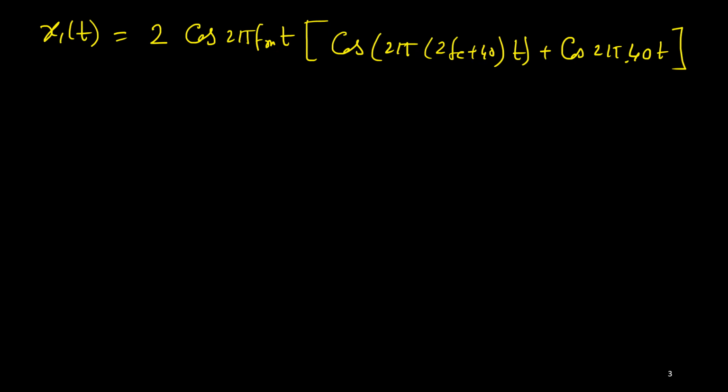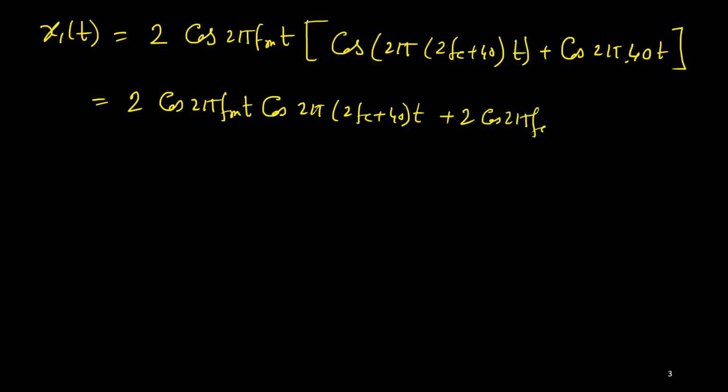Now if I expand it, you'll get cos 2 pi fm t times cos 2 pi 2 fc plus 40 t, then again 2 cos 2 pi fm t times cos 2 pi 40t. Again, in a similar way, from here you will get addition and subtraction.